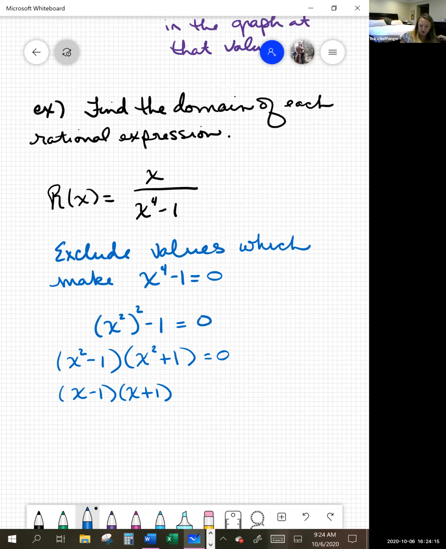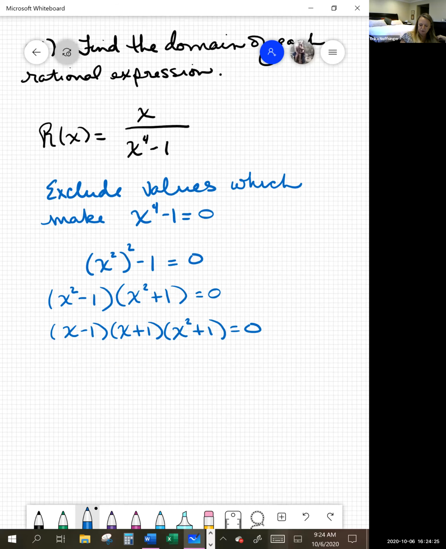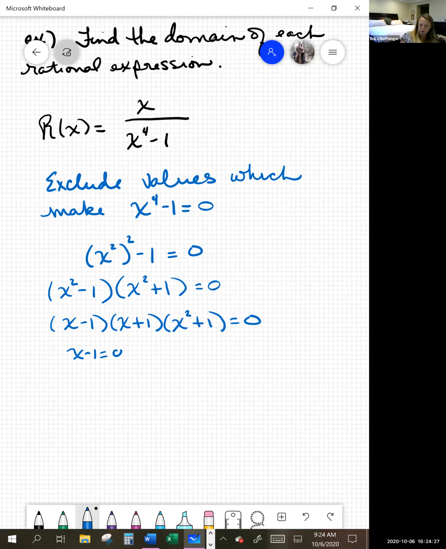But a sum of squares is not factorable with a real number, so I'm just going to leave it like that. And so setting each piece equal to 0, x minus 1 equals 0 when x is 1. X plus 1 is 0 when x is negative 1. X squared plus 1 equals 0, x squared equals negative 1.